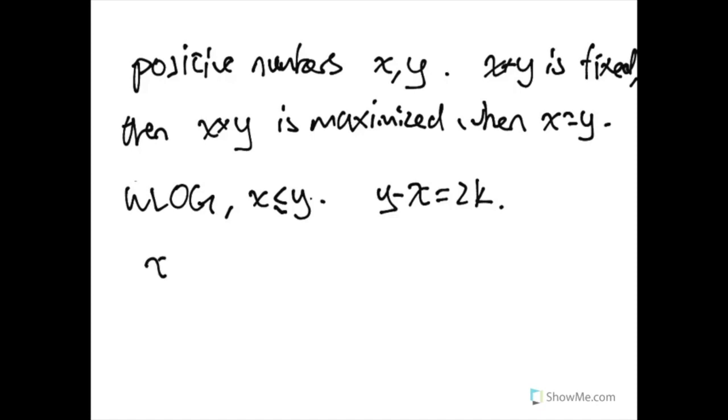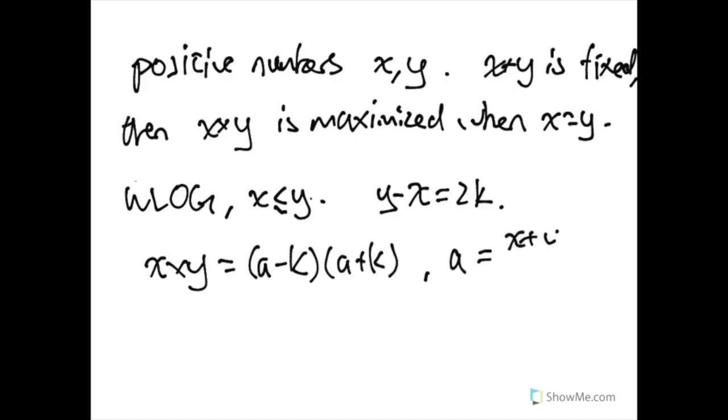Then we have that x times y is equal to a minus k times a plus k, where a is their average, x plus y over 2. Expanding this, we have that x times y is equal to a squared minus k squared. Now, k here is non-negative because we defined it as x is less than or equal to y.